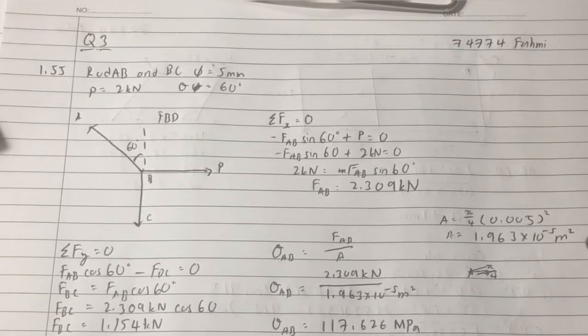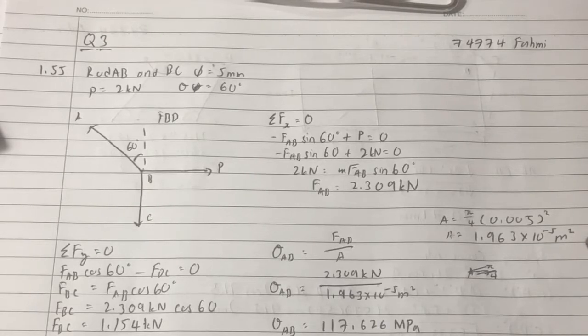This is the solution for rod FBC, which is 1.154 kN. Now that we have force AB and force BC, we can go forward to find the average normal stress in each rod, AB and BC.